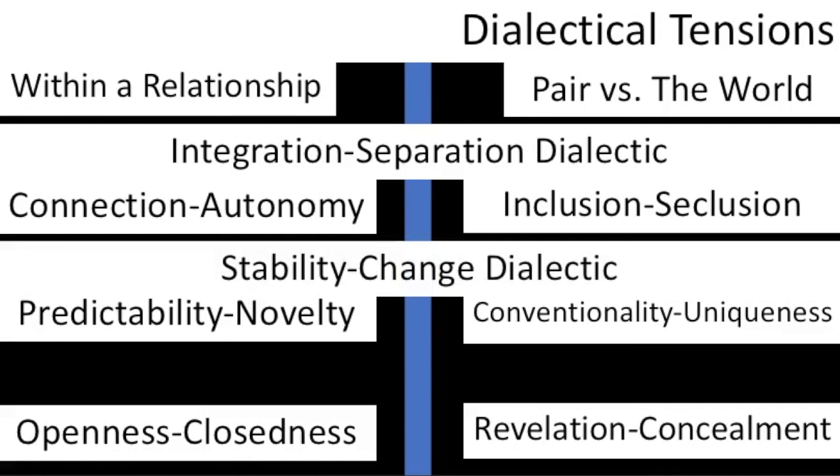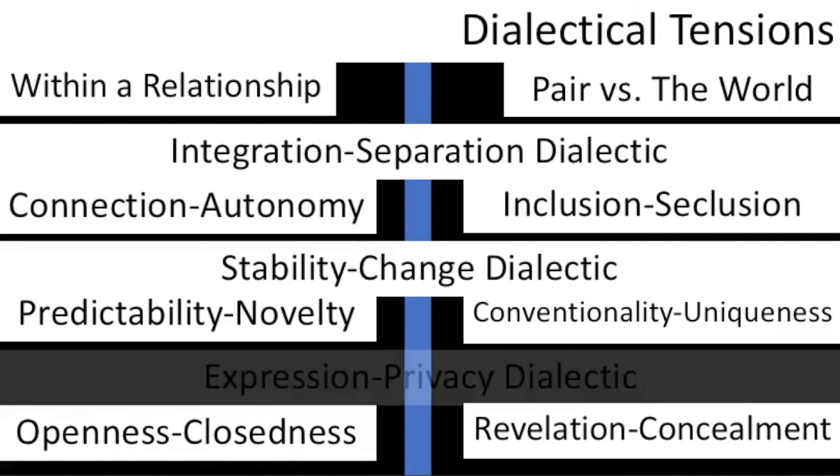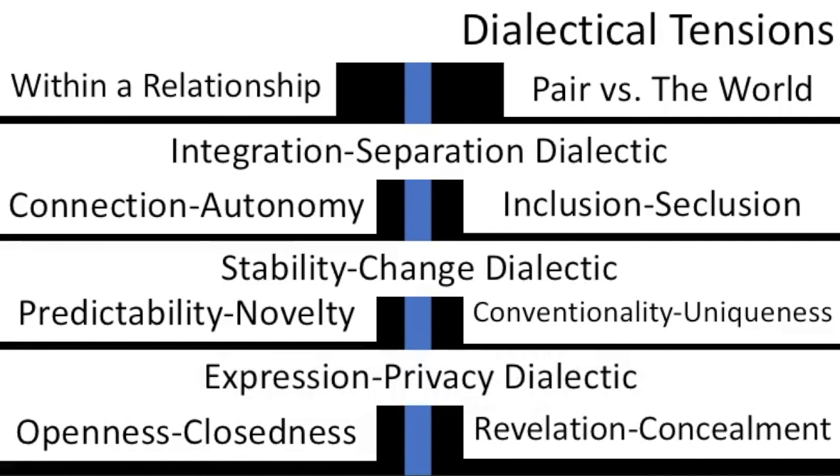Predictability-novelty and conventionality-uniqueness both fall under the stability-change dialectic. Again, this idea of both predictability and conventionality, as well as difference and uniqueness. Openness-closedness and revelation-concealment both fall under the expression-privacy dialectic. Again, this need to both share information with others while also keeping certain information to themselves.